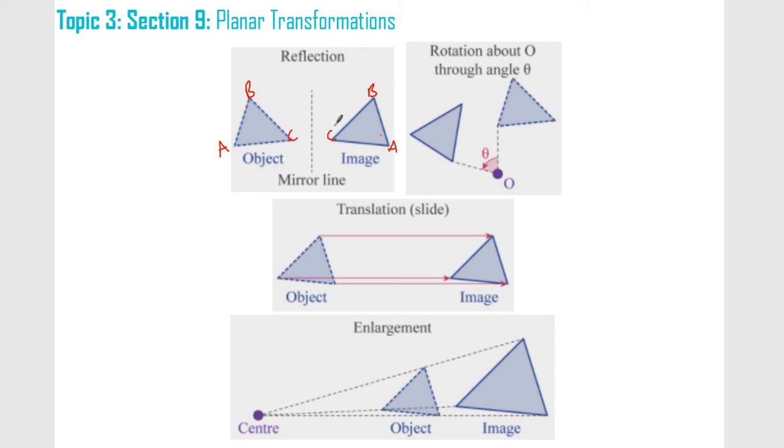The new images usually have a prime, just like a little apostrophe off to the right. If this is A, B, C, that's the original, and then it rotates over here.